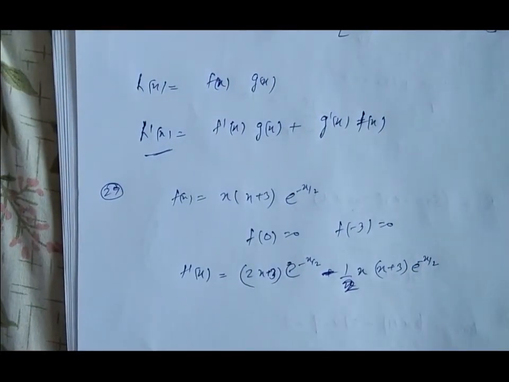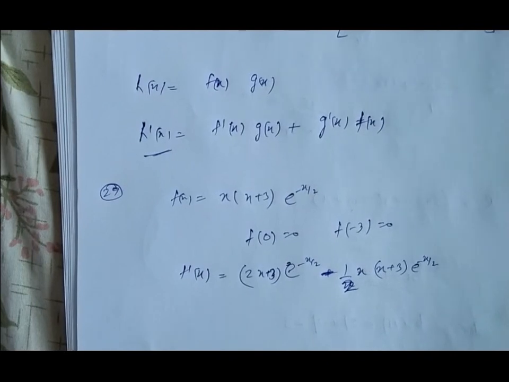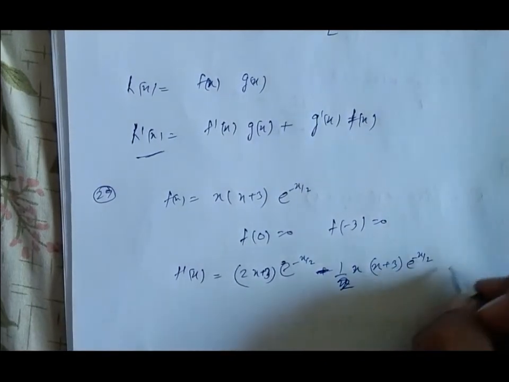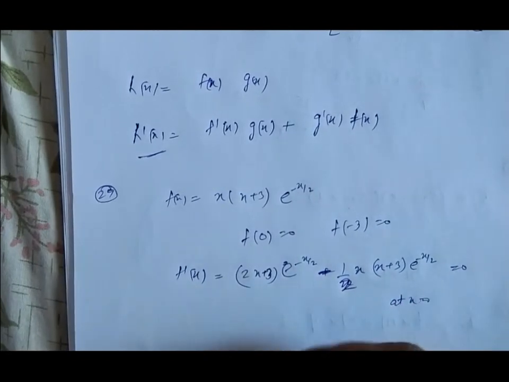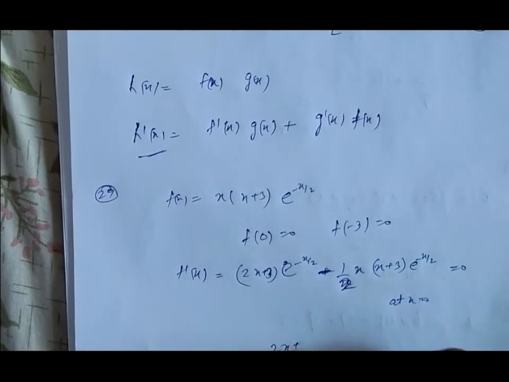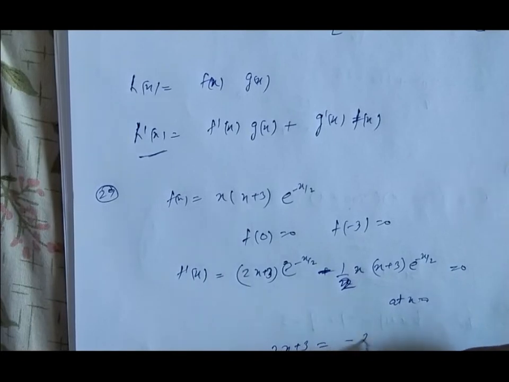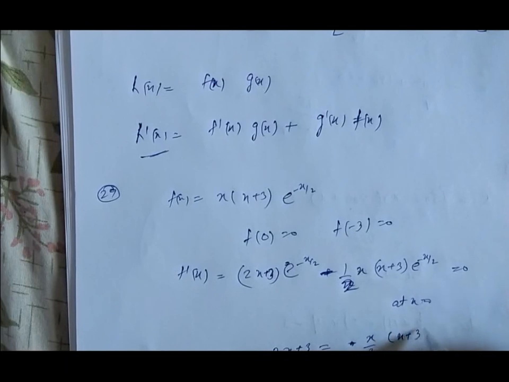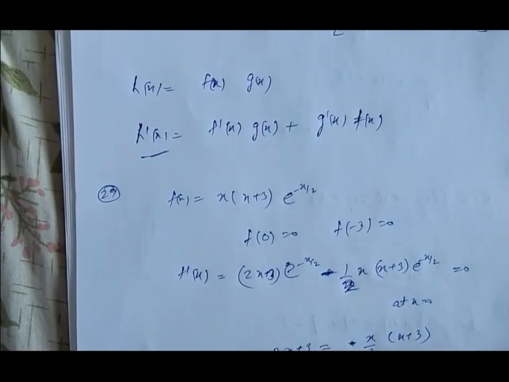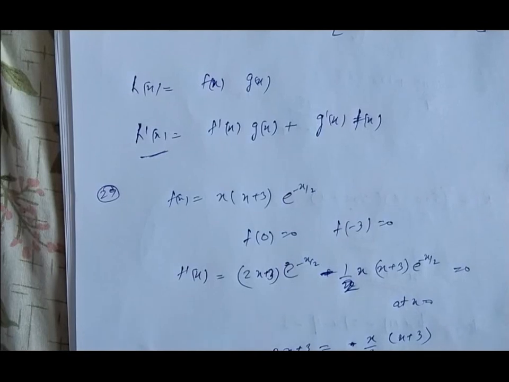Okay, and this is equal to 0 at x is equal to c. This implies 2x plus 3 is equal to x by 2 into x plus 3. So 4x plus 6 is equal to x square plus 3x.